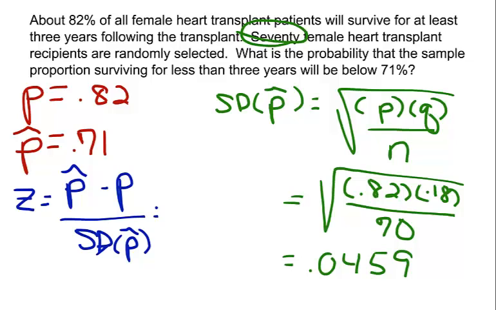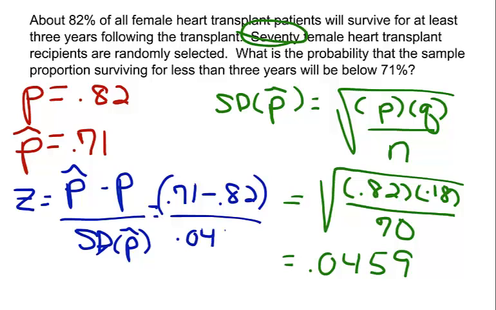If we plug our values in, we get 0.71 minus 0.82 divided by 0.0459. This gives me a z-score value of approximately negative 2.40.